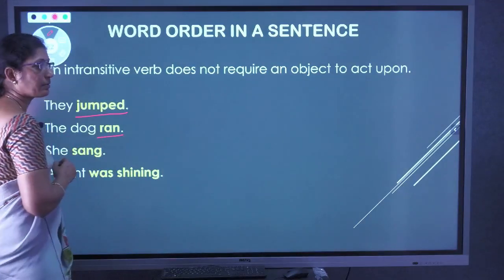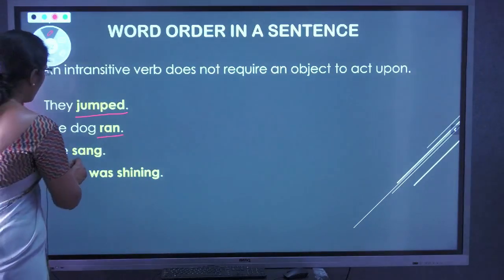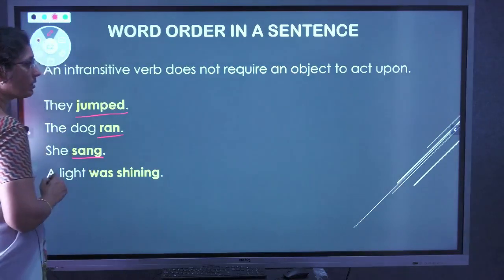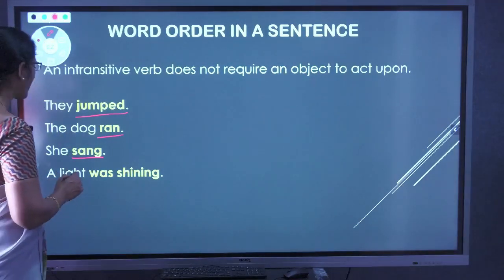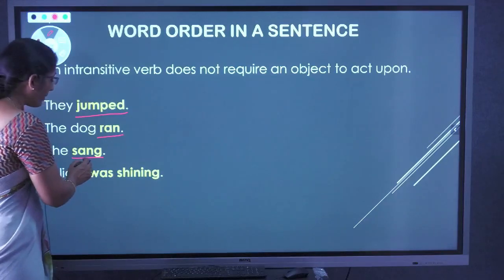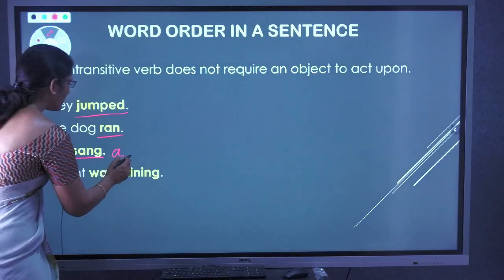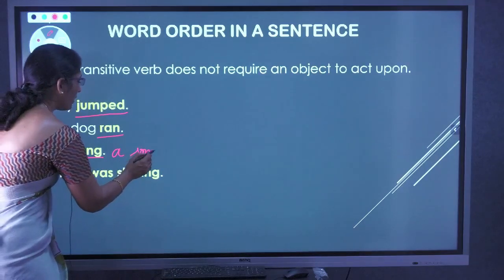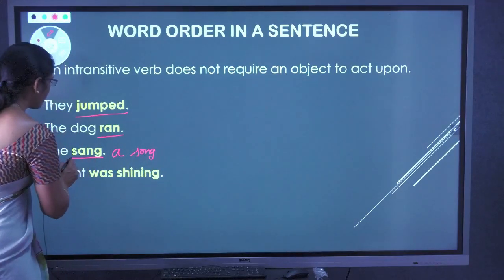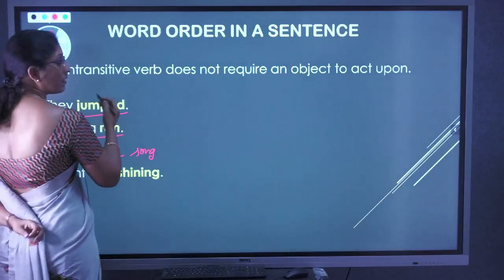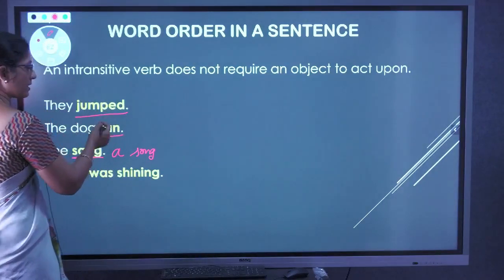The dog ran. Yes, here also. And she sang. That's all. Of course, here sang may be a transitive verb also. Suppose if you add she sang a song, that means this song, and jumped also, it also acts as a transitive verb.